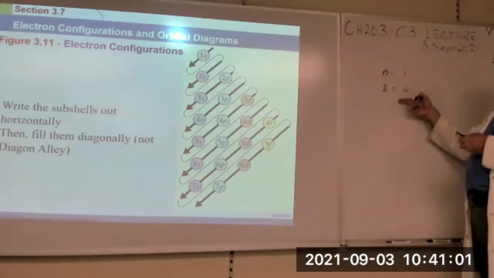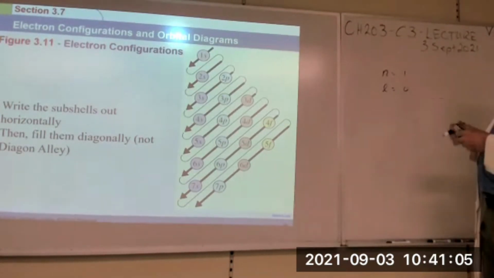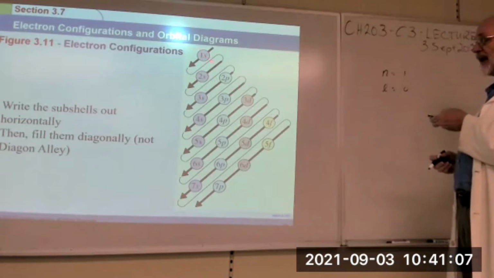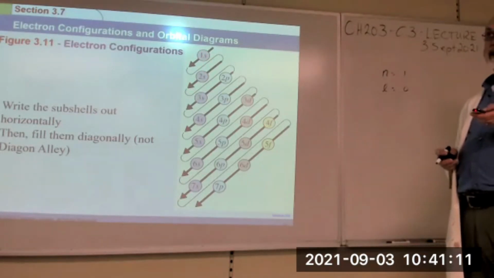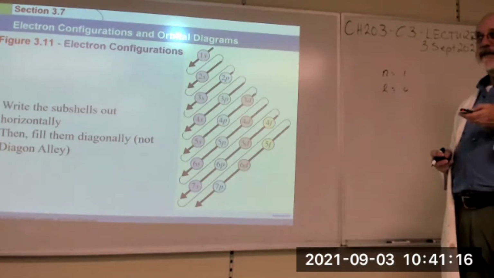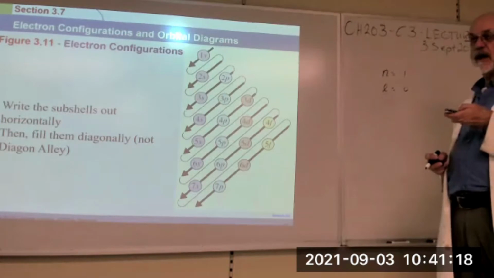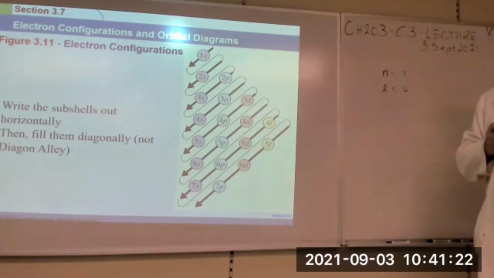It's always 1 less. You can't go any higher. So that's why there's only an S in the 1. That's why if you look at hydrogen and helium, an electron goes into 1 with 1 spin, and then the second electron goes in with the opposite spin. That's where it resides. There's no other possibilities.